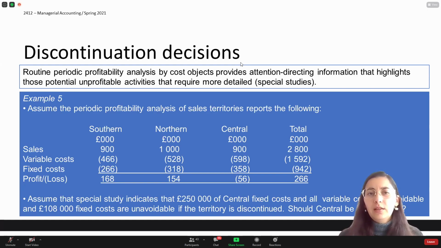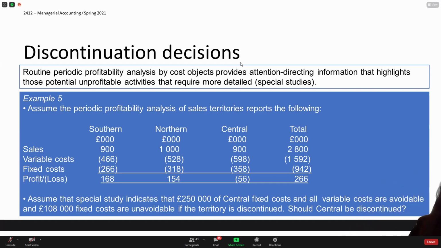Now obviously we see that Central has a loss. So what would be the first decision that we should make based on this table? So Central has a loss, we should discontinue Central, right? So this is the first thing that we think about, just looking at this information. Now let's look at the information that we have below the table. So assume that the study indicates that we can avoid 250 of central fixed costs and all variable costs are avoidable.